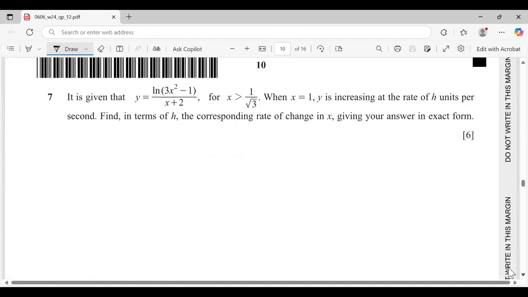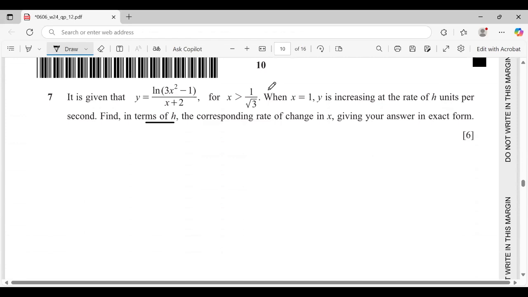Number 7. It is given that y equals ln(3x squared minus 1) over (x plus 2) for x greater than 1 over square root 3. When x equals 1, y is increasing at the rate of h units per second. Find in terms of h the corresponding rate of change in x, giving your answer in exact form.